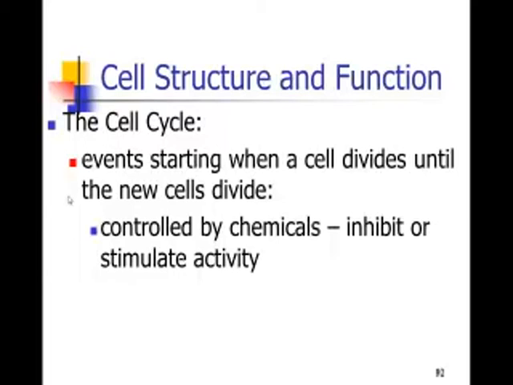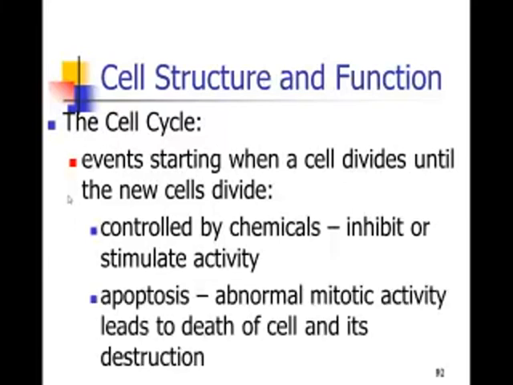The cell division is controlled by chemicals. Some inhibit the division, others stimulate it. And apoptosis is when a cell undergoes abnormal meiotic activity, and typically apoptosis leads to the death of the cell.